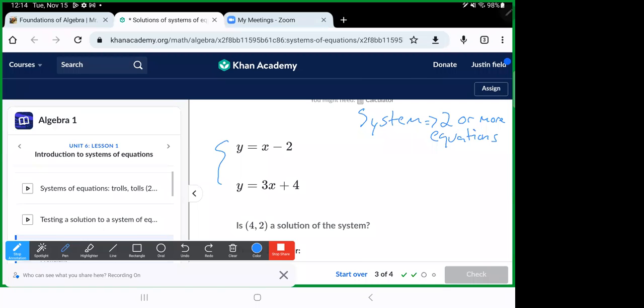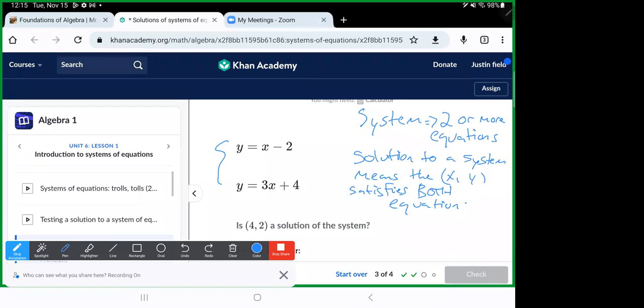And so a solution to a system means the ordered pair, I'll just write the x, y, I was going to say works, but I'm going to say a better word, satisfies both equations.